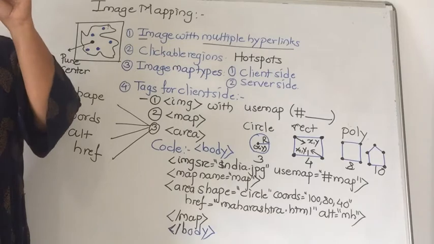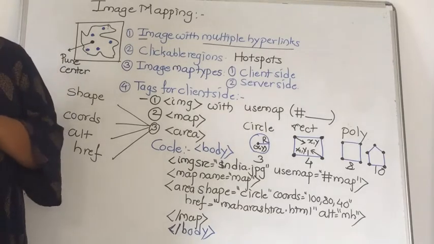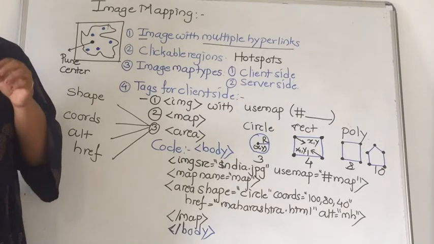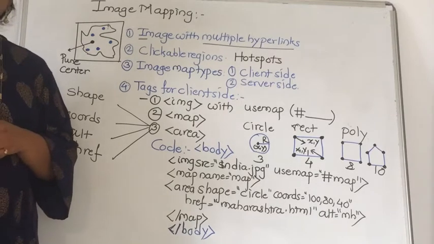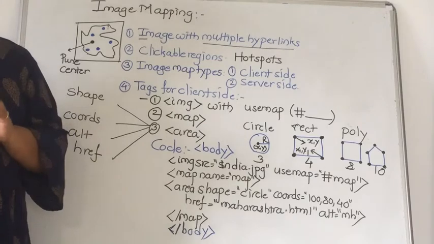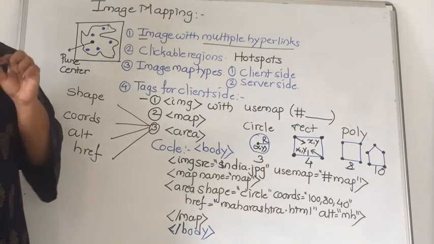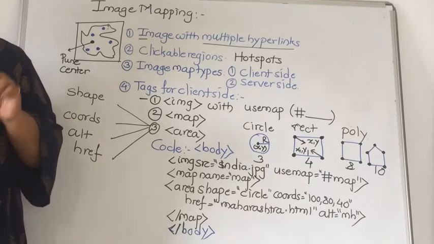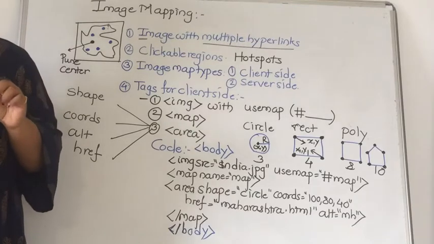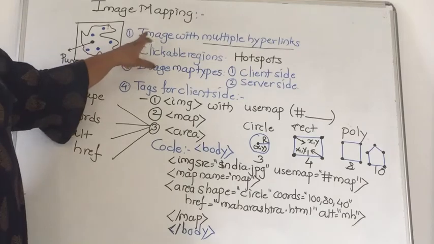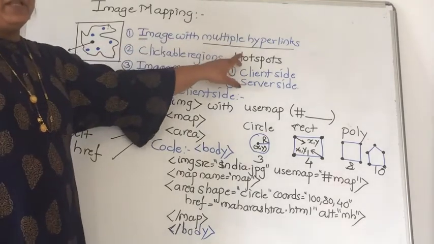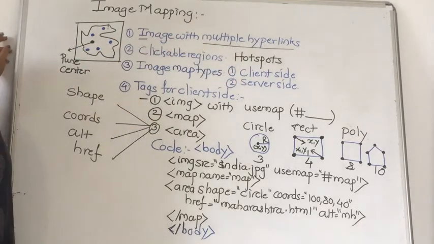As you click on the first one, it will show the information of the first, current location, and when you click on the destination, it will show the information of your destination location. That means it is a clickable area on which you click and are able to see the information. So a single image with multiple hyperlinks is known as an image map.